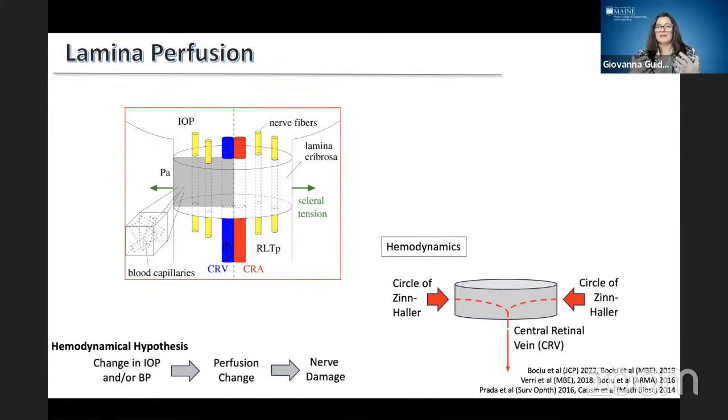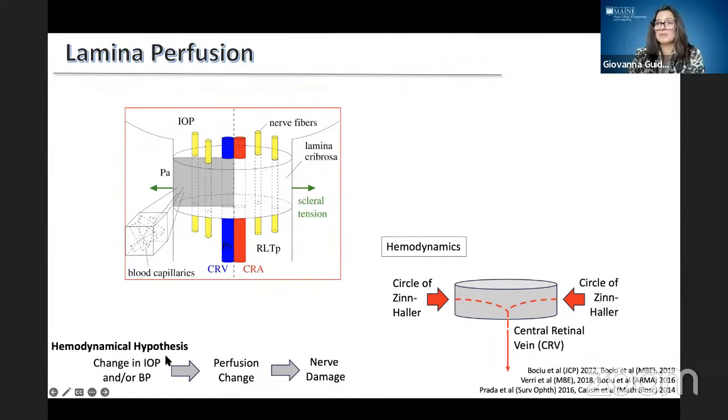However, this is a live tissue, so we know that to live it needs blood and the nutrients. So interestingly, the vascular anatomy of this tissue is such that the blood comes in from the outside through the circle of Zinn-Haller, and it is drained from the inside. So basically, the blood is collected through the central retinal vein.